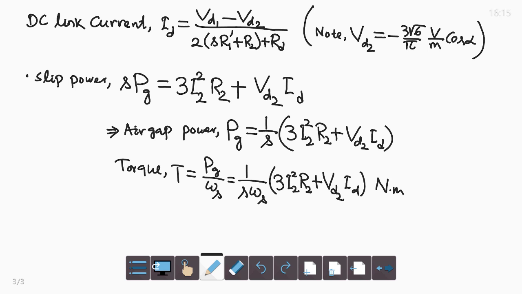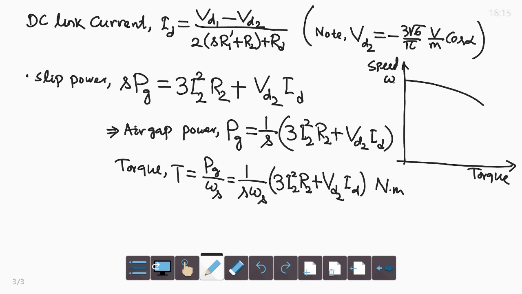So, if the speed torque graphs are to be plotted, the horizontal axis is the torque axis, the vertical axis is the speed axis, and this is the omega m at alpha equal to 90 degree.